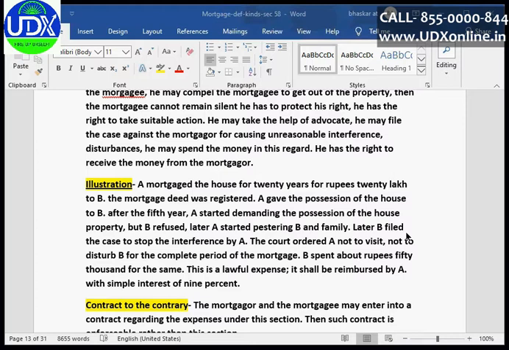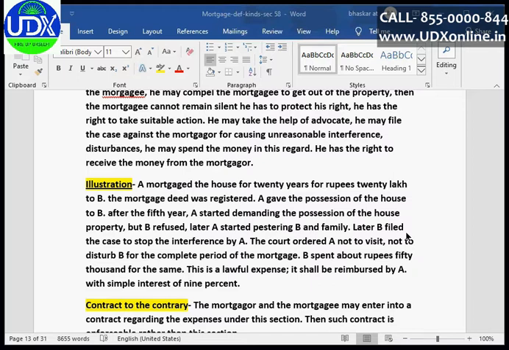You know, when the mortgager is compelled to appear before the court of law many times, and when he is made to sit in the court from morning 10:30 to afternoon 2 or 3 o'clock, and he will know the taste of the practice of law, the pain of waiting in the court of law, then the advocate may secure an injunction against the mortgager, saying the court will give the direction until the completion of the period of mortgage.